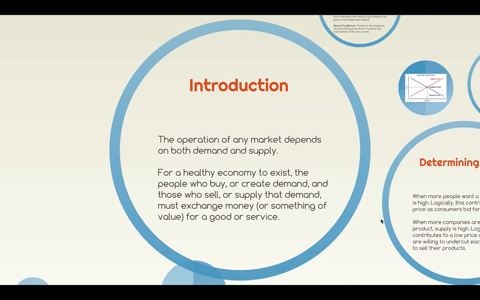There's going to be demand, what people want, how much of the item they'll want at what price, and then there's going to be supply, what people are willing to sell at what price. In a healthy economy, there's people who are willing to buy, people who are willing to sell. They meet with perfect information about what's available for sale, and they determine a price that's known as the equilibrium.